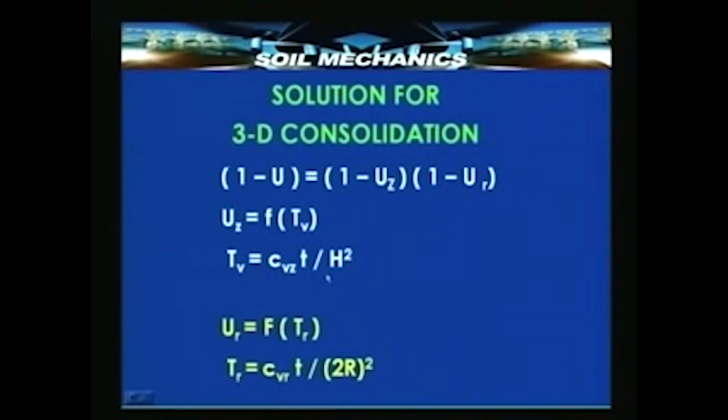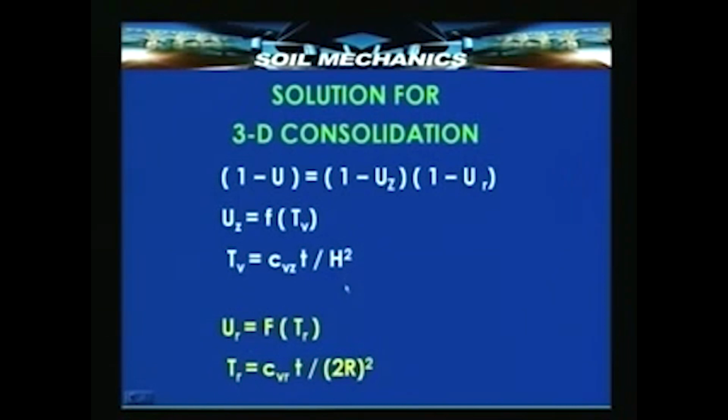If you remember, I had used the same notation UZ earlier to denote the degree of consolidation at depth Z, whereas here this UZ stands for the average consolidation in a layer, but in the vertical direction, that is vertical direction is taken as Z. This is a function of T vertical. T vertical is CV vertical, that is CVZ into small t upon h square.